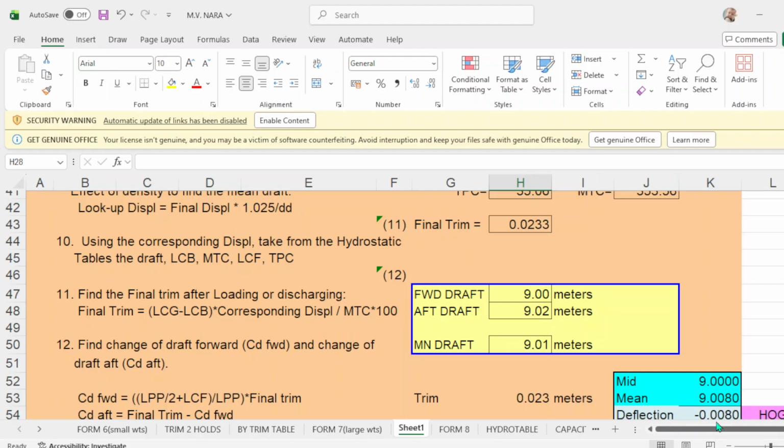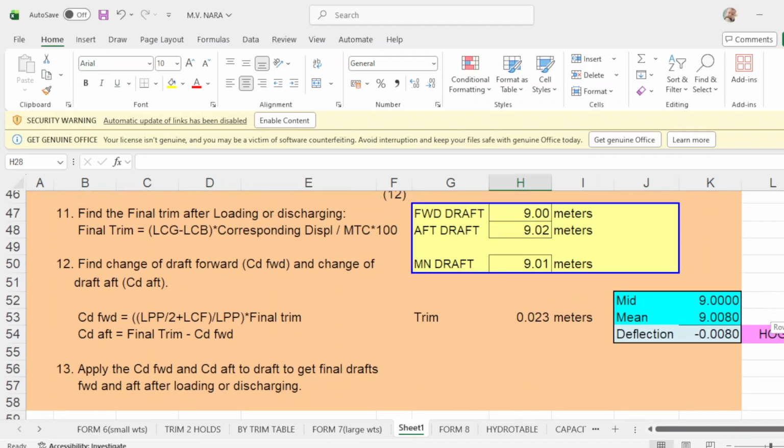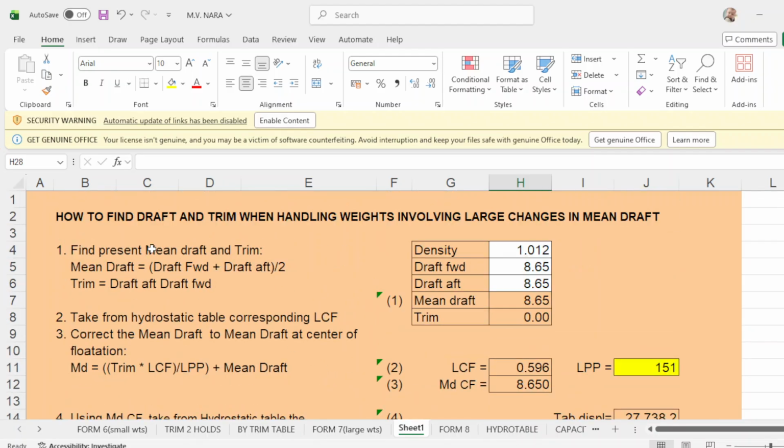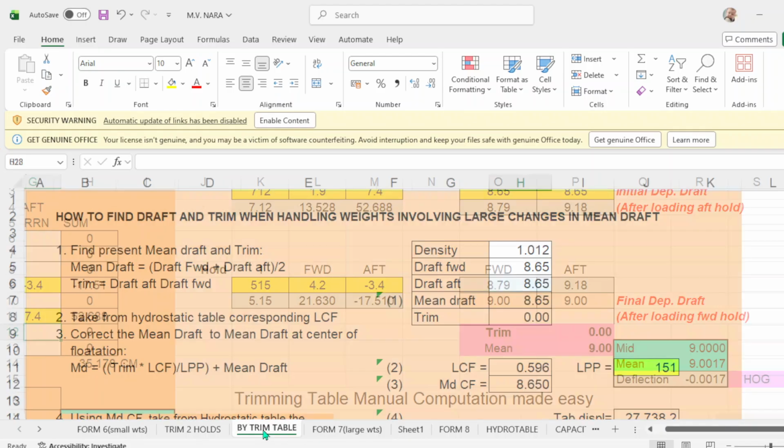Same draft. Look at the deflection is 0. Okay. I hope so. You have 4 programs to back you up of your problem or solution. This form number 7, which is how to find draft and trim when handling weights involving large changes of mean draft. Your trim table.